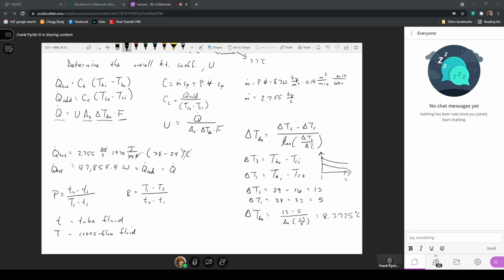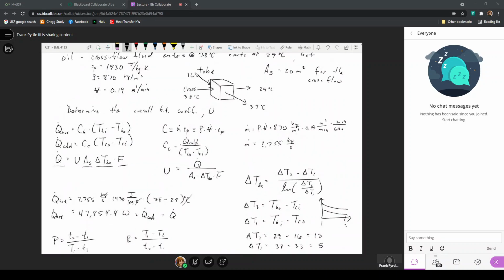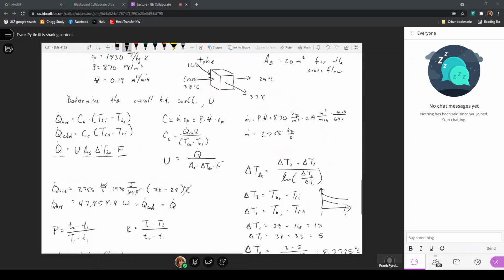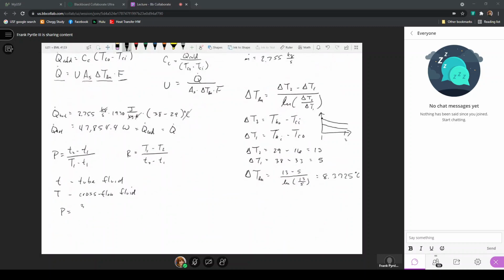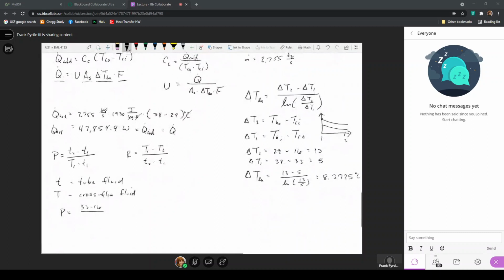The tube fluid is our cold fluid, and so P then is the outlet minus the inlet of the tube, so 33 minus 16, divided by the inlet temperature for the cross flow fluid, which is 38 degrees, minus t1, which is 16 here.